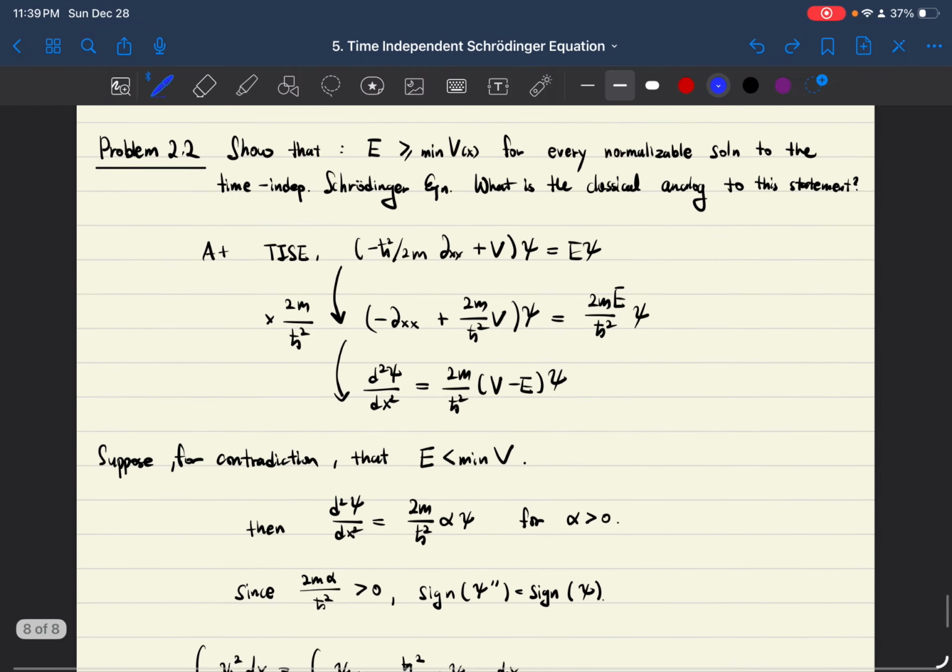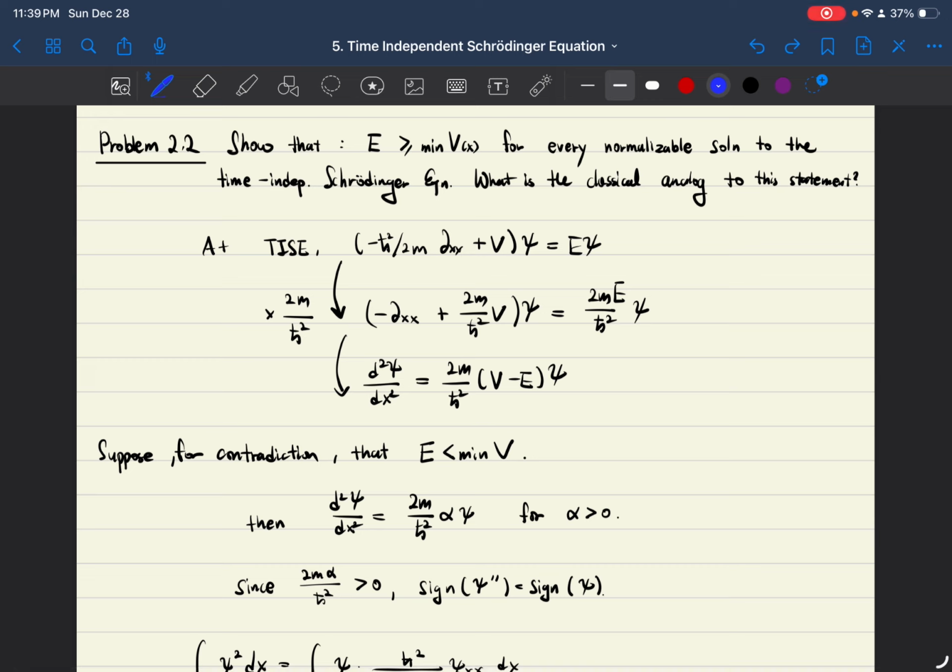The next problem: show that E is greater than or equal to the minimum value of V(x) for every normalizable solution to the time-independent Schrödinger equation. What is the classical analog to this statement?